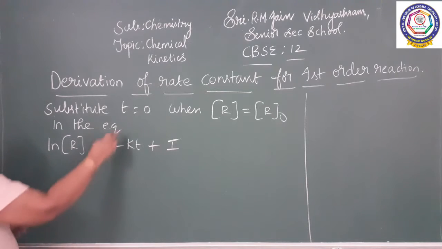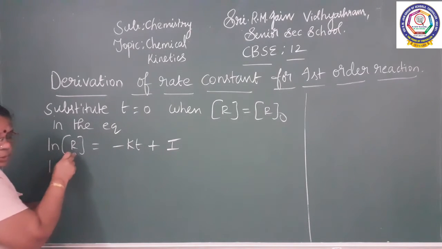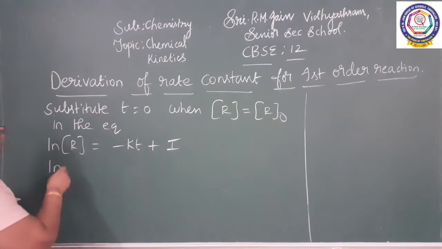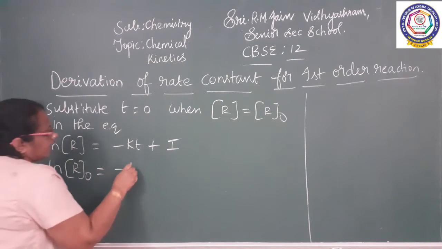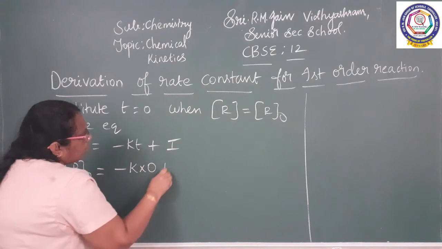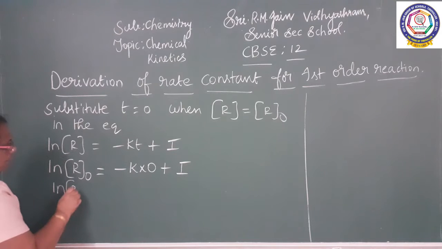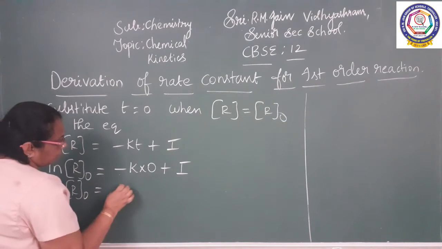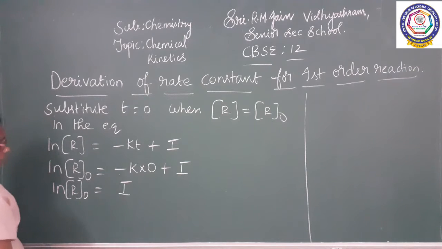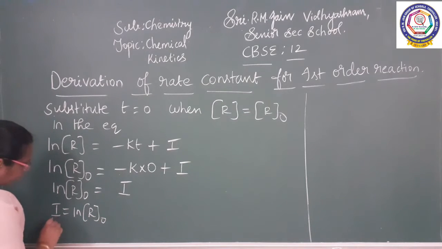So what you will write? t is equal to 0, R is equal to R naught. Substitute R is equal to R naught. Ln R naught is equal to minus K into 0 plus I. So what is that? Ln R naught is equal to I. So I is equal to ln R naught.